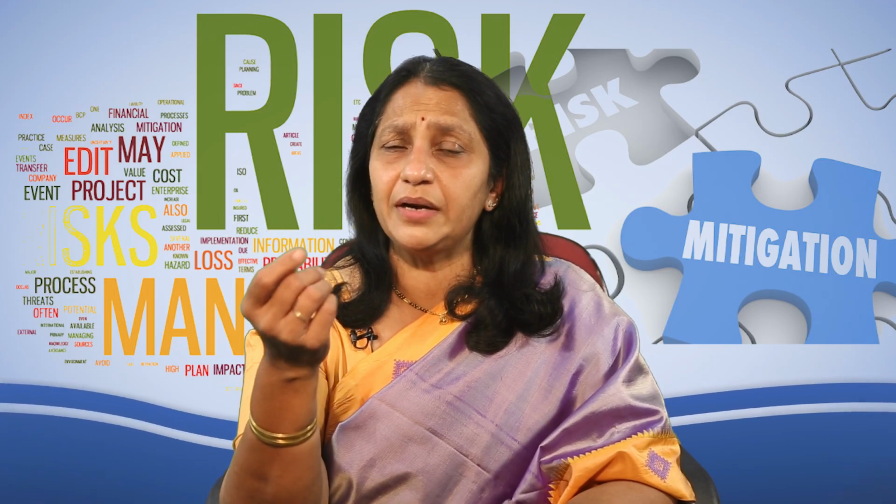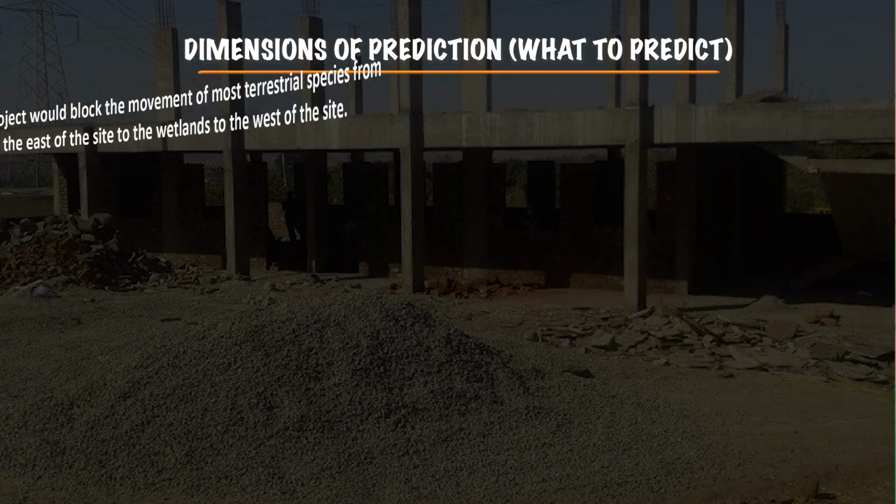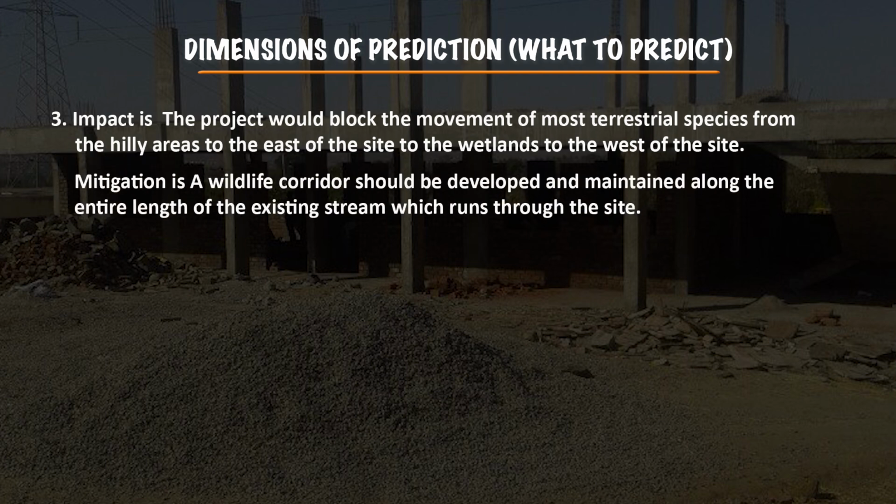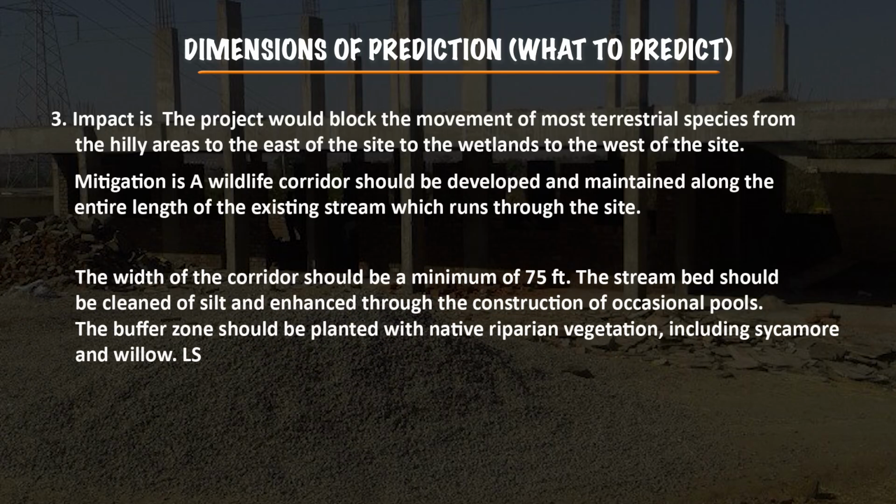Another impact I would like to mention is that the project would block the movement of most terrestrial species from the hilly areas to the east of the site to the wetlands to the west of the site. In that case, as mitigation, a wildlife corridor should be developed and maintained along the entire length of the existing stream that runs through the site. The width of the corridor should be a minimum of 75 feet.